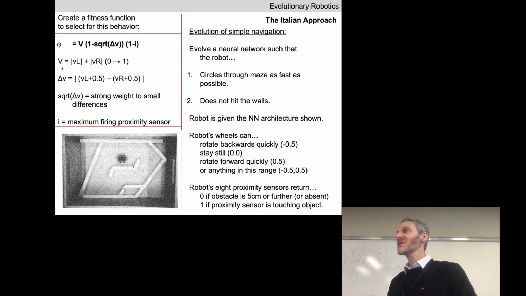In our case, we summed it, but in the case of the researchers, they summed the absolute values of the two. Seems odd. Why? One of the long-term goals of evolutionary robotics is to make few assumptions about the eventual behavior.